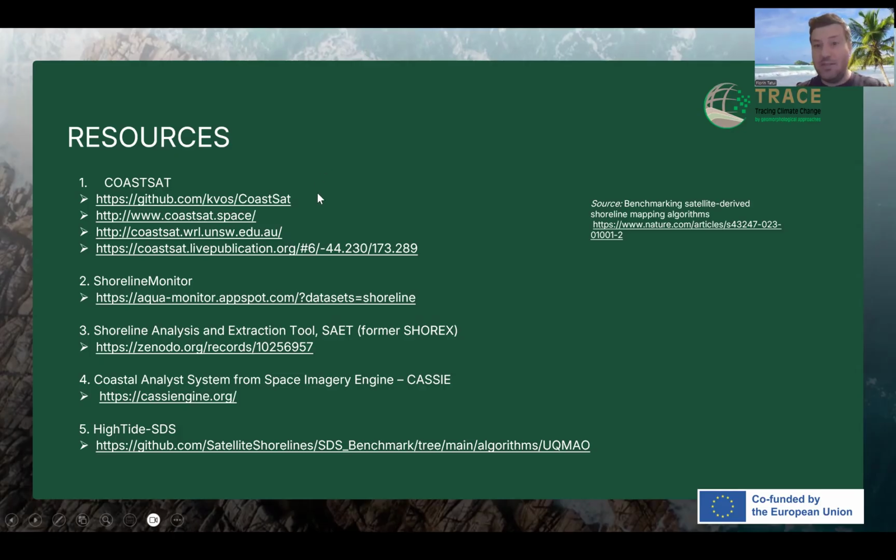Regarding resources, you have here a list of resources that you can follow. There is a very well known tool that can be used in order to extract shorelines, which is called CoastSat. You have here the most important links related to CoastSat.